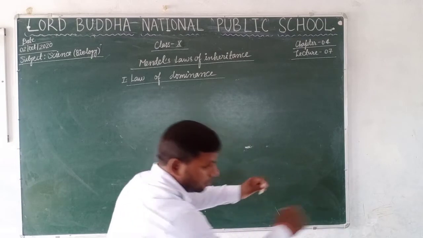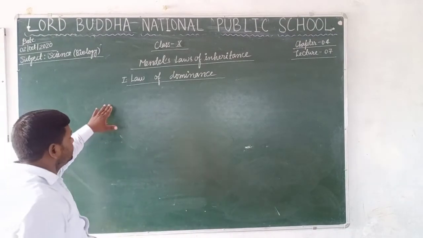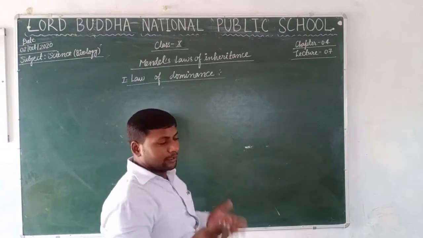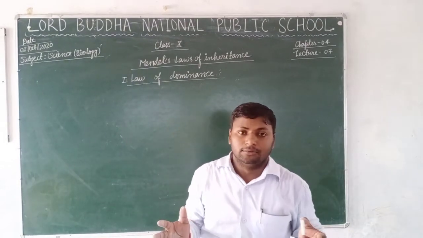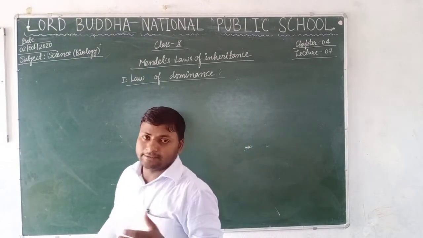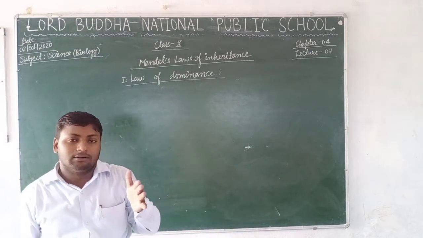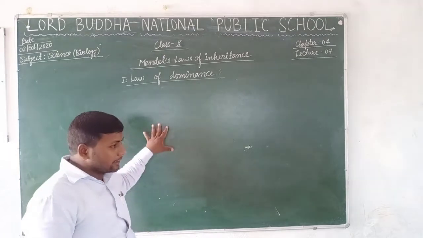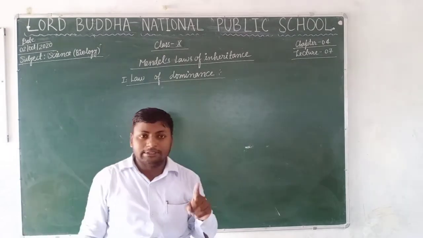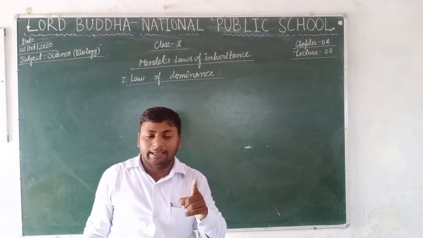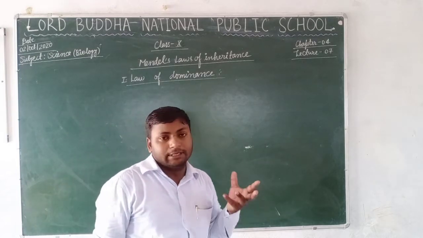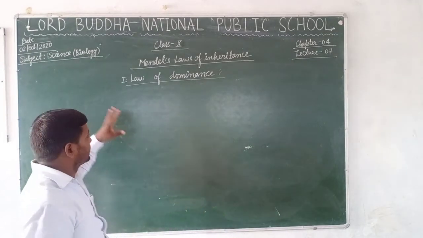Students, what is the law of dominance? This law states that when a pair of contrasting characteristics is crossed by cross-hybridization, then in the F1 generation only one character or trait comes into appearance.